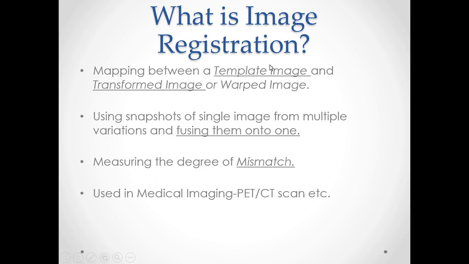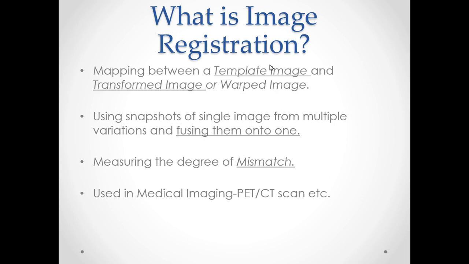Now this is fairly useful because if you take a photograph of a single object from different light exposure, from different camera angles, these photographs could be different to a computer, but to a human eye they could be the same. To a computer it is different because if the computer tries to subtract one image from the other image, it doesn't get zero.